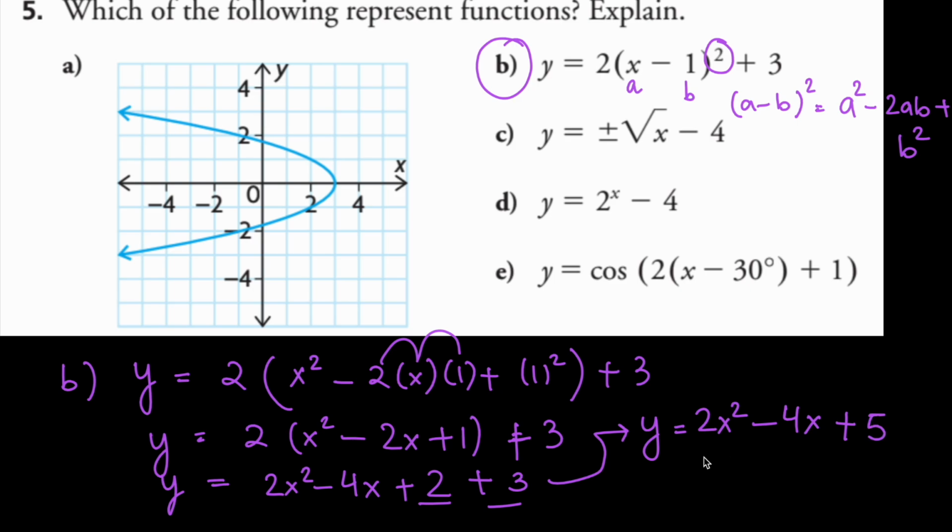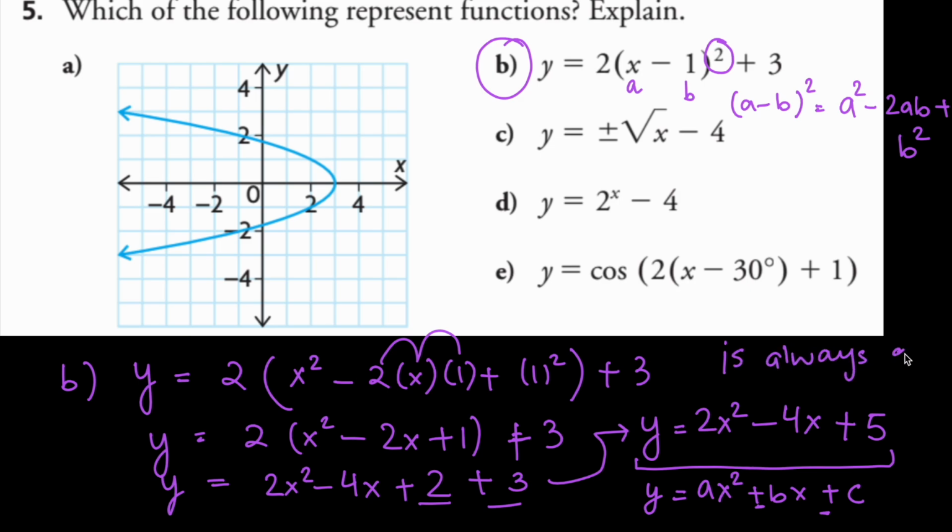Now any equation that looks like this, that imitates the standard equation of a parabola, that is y is equal to ax squared plus bx plus c, signs can be different, but any equation that looks like this is definitely a function. It is always a function. Why?